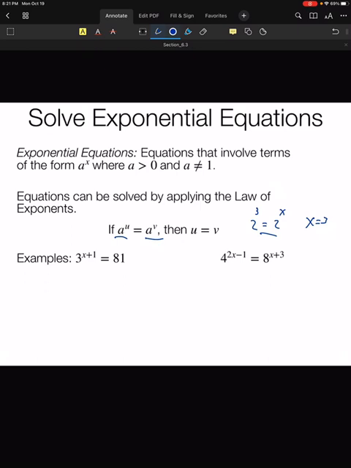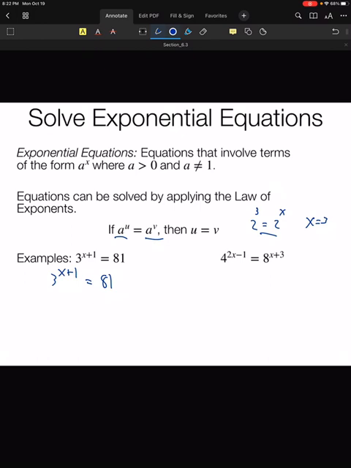So if we look at our example here, I'm going to rewrite it. We've got 3 raised to the x plus 1 power is equal to 81. And so this problem is not yet in the form in which we can use it. What I mean by that is that both don't have base 3.